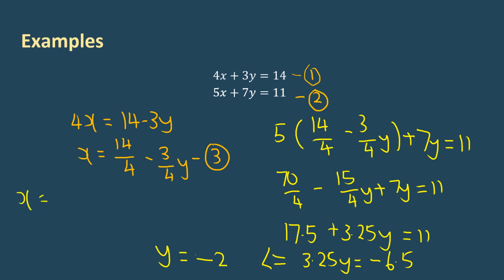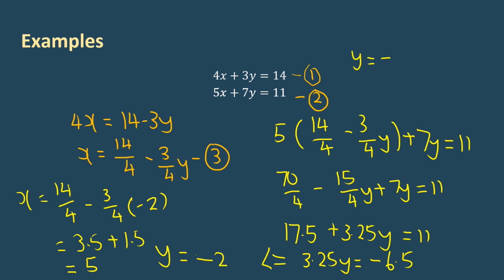Therefore, x equals 14 over 4 minus 3 over 4 times negative 2, which equals 14 divided by 4 is 3.5, and 3.5 plus 3 over 4 times 2, which is 1.5, equals 5. So our answer would be y equals negative 2 and x equals 5.